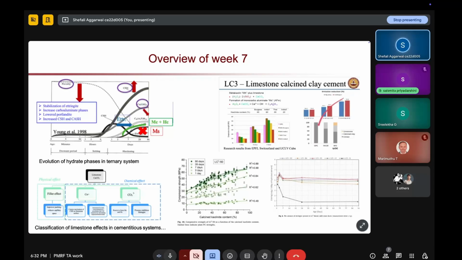So in this system, how will LC3 affect the different properties of the concrete? If you see from compressive strength, calcined clay and metakaolin, both are equal or not? You can say it can be equal, because metakaolin is formed by calcining clay at 800 degrees Celsius.